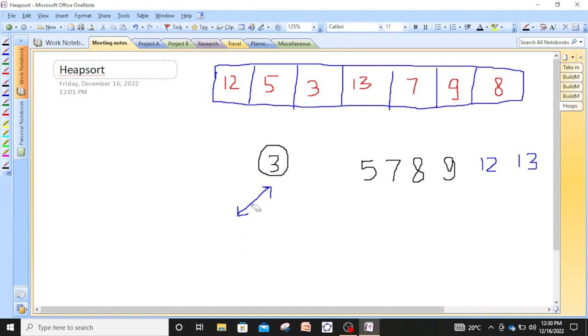Now only one element remains, so there is no comparison and no interchange. You also know that any array containing only one element is already sorted. So this 3 will come in front of 5.